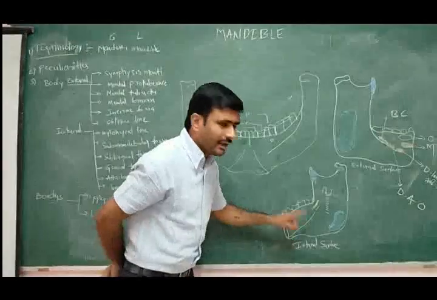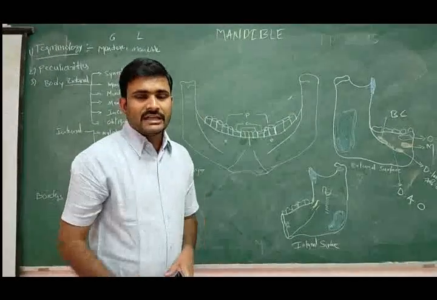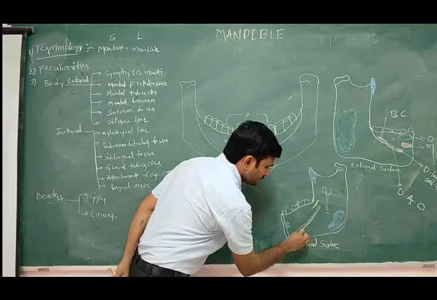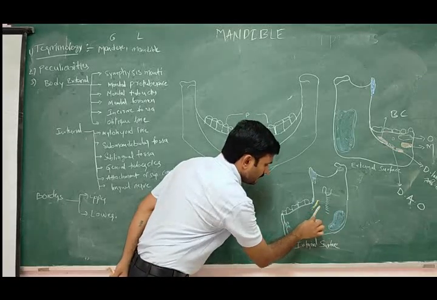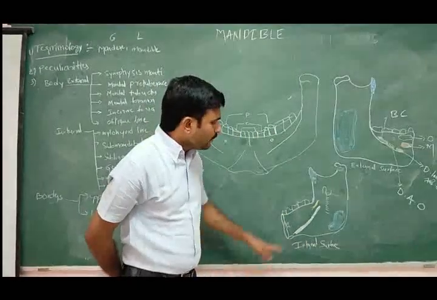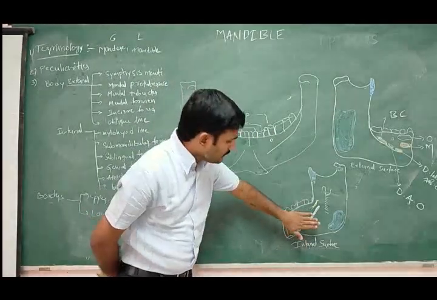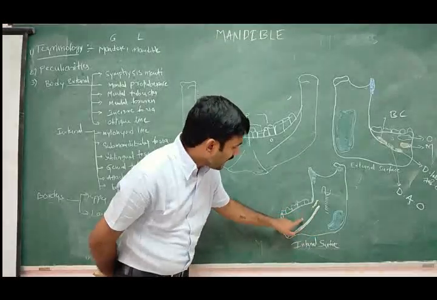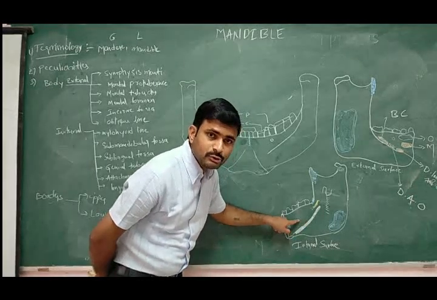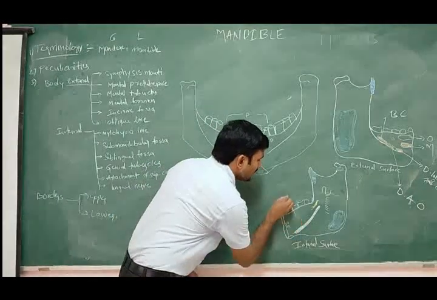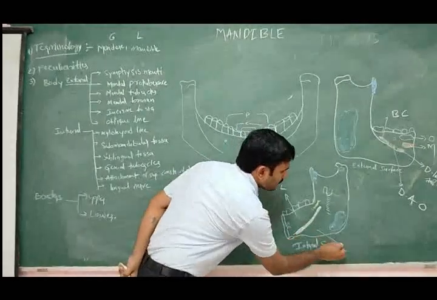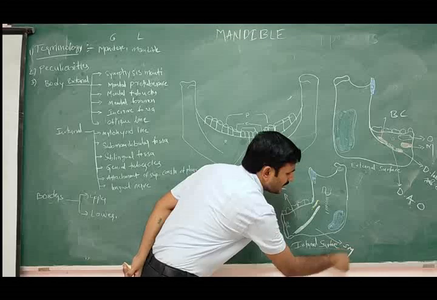And one muscle gets attached to this mylohyoid line, called the mylohyoid muscle. This mylohyoid line divides the body into an anterior superior part and a posterior inferior part. The anterior superior part we call the sublingual part, and the posterior inferior part we call the submandibular part.